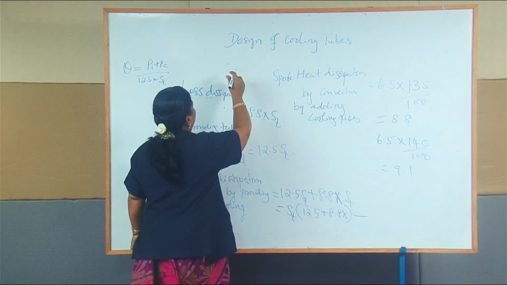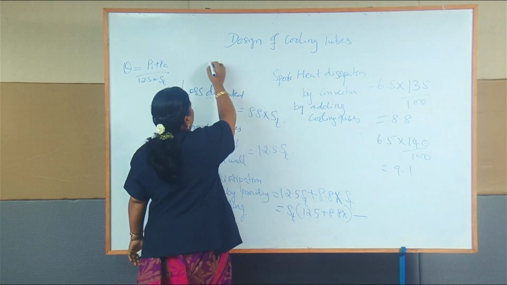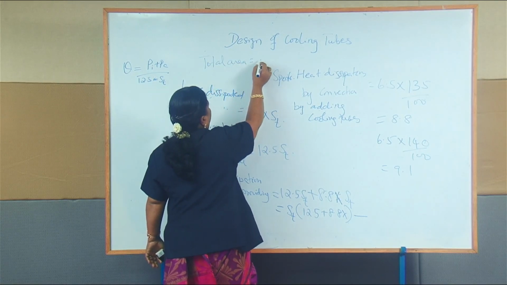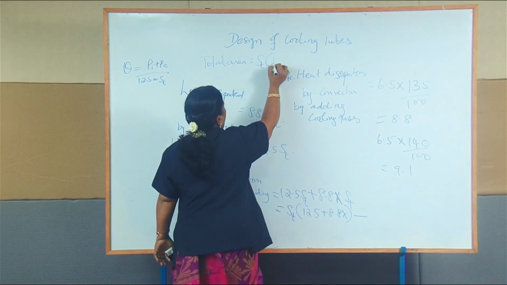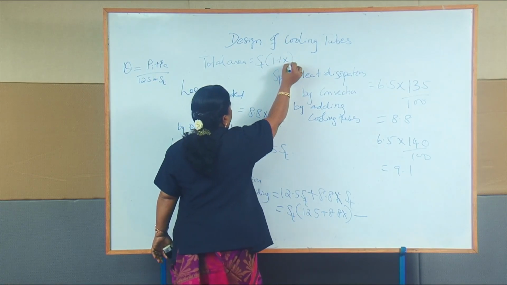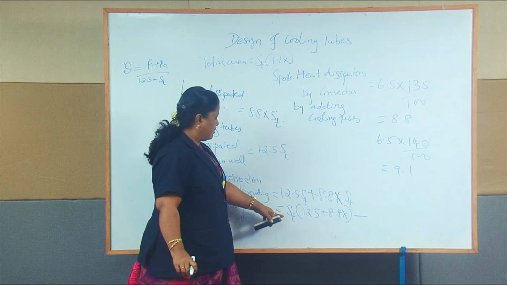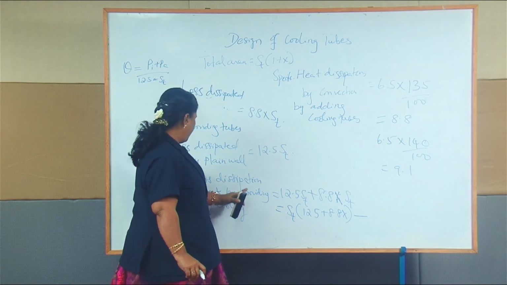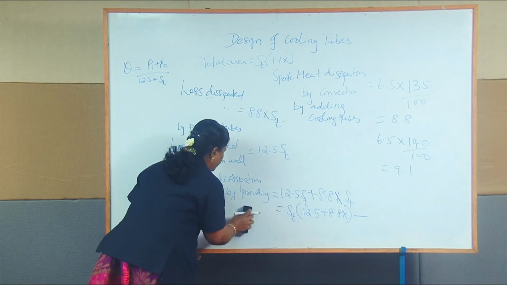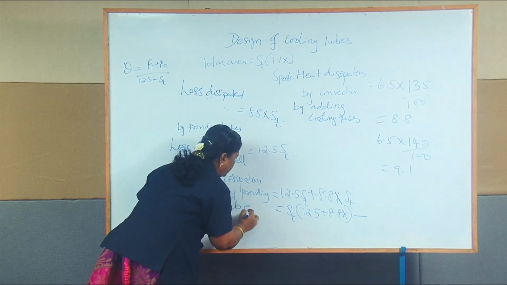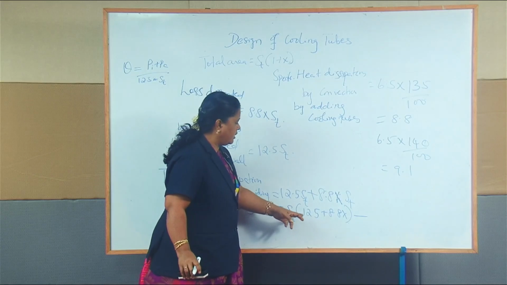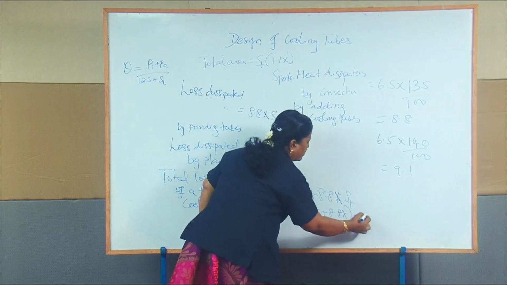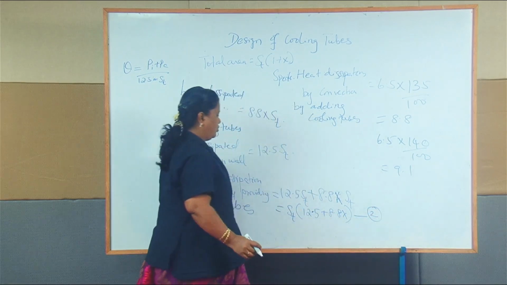You consider the total area. The total area of the tank including tubes we have already noted as S suffix T into 1 plus X. And this is the total loss dissipated by a tank by providing cooling tubes, which will be equal to S suffix T in bracket 12.5 plus 8.8 into X. Consider this as equation 2.